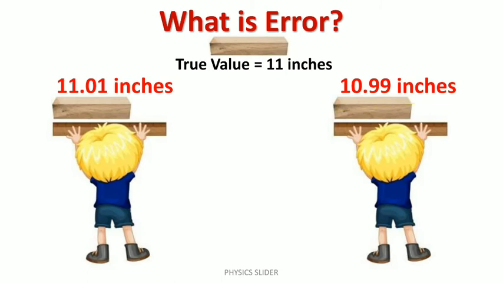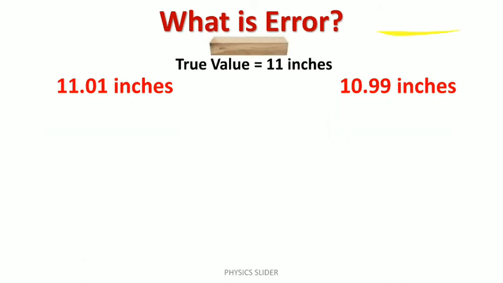These are two different values observed by two different students. So 11.01 inches and 10.99 inches are the measured values for this wooden bar, of which the true value is 11 inches.